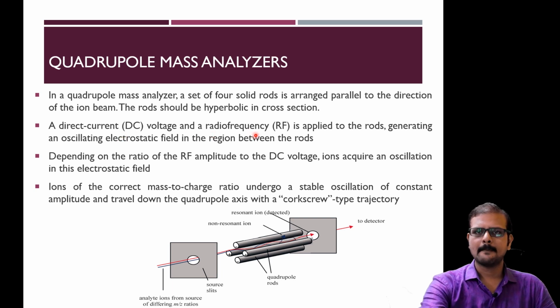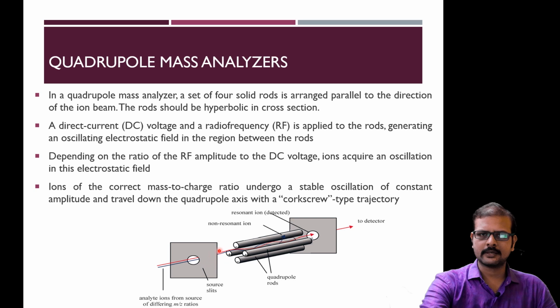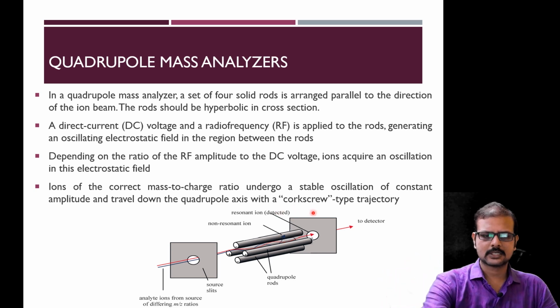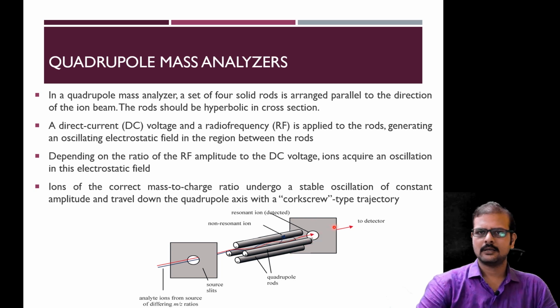So both are applied on these poles. So what happens to the molecular ion now? This molecular ion, when it enters into the quadrupole setup, will take a zigzagged manner or a corkscrew. That means it will revolve like a corkscrew. Okay. So this corkscrew will go to the detector and then be detected by the detector.